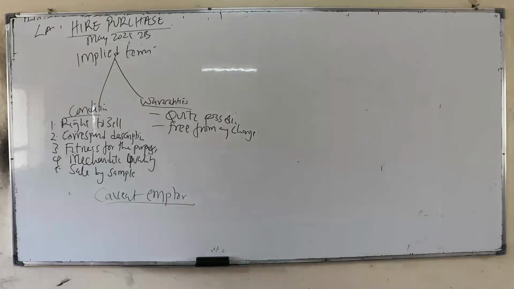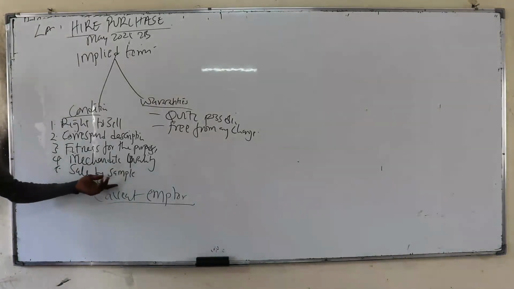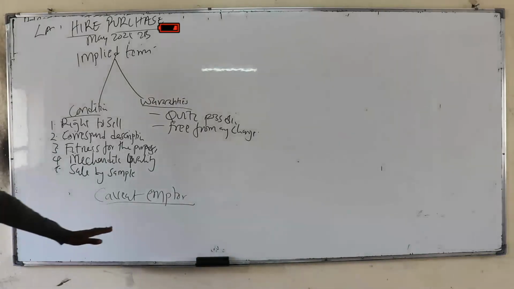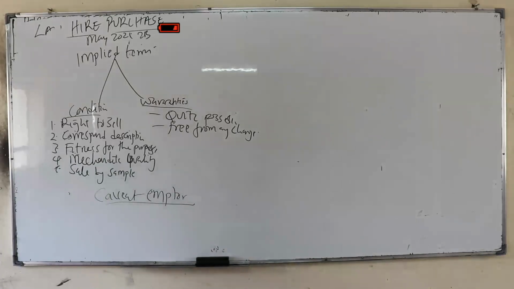And where there was sale by sample, you will be given the chance to compare if it corresponds to the sample you are shown, okay? So those are the exemptions of caveat emptor.